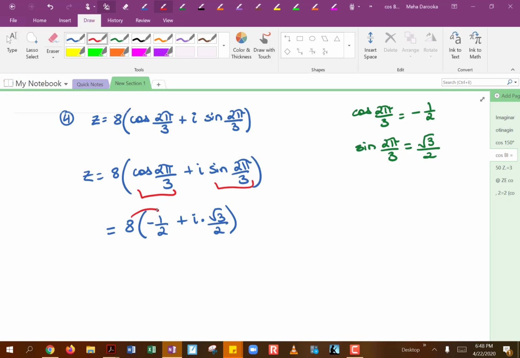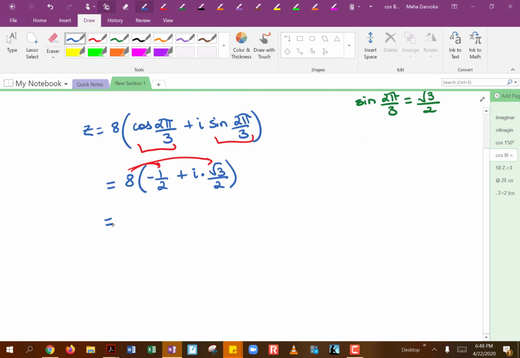Just like you did in the previous example, distribute this 8 inside the parentheses, and we end up getting 8 times negative 1/2 plus 8 times i times square root of 3 over 2.